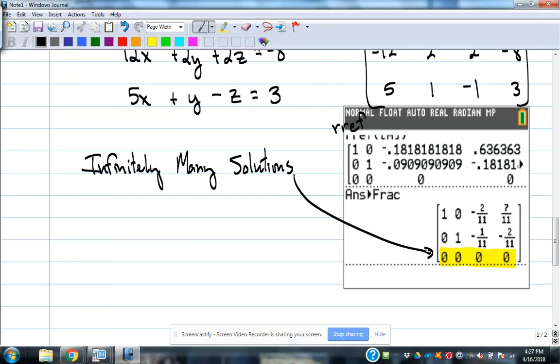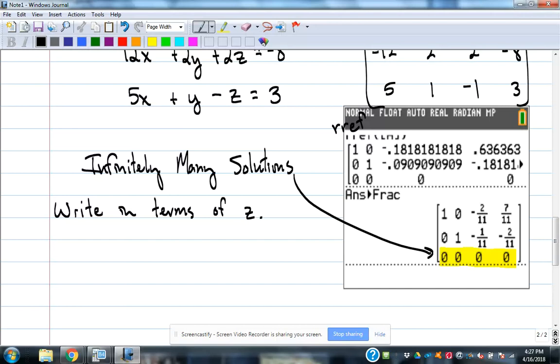Okay. So we're going to take those solutions and we're going to write them in terms of a particular variable. We're going to write them in terms of z, which is the most common way for you to have to do this. Okay. Write them in terms of z. What we have here are some equations. The other two rows are equations.